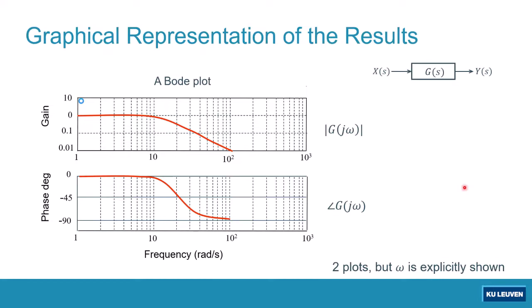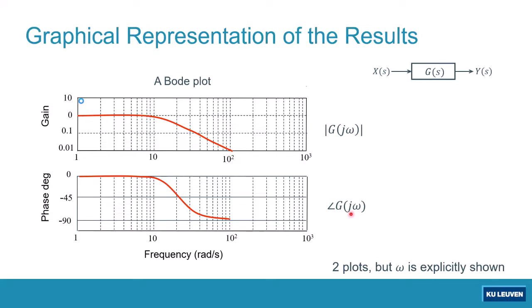How to represent a frequency response function? As I have already mentioned before, a frequency response function is represented by two values: the magnitude of G(jω) for varying frequency omega, and the angle of G(jω) for varying frequency omega as well.